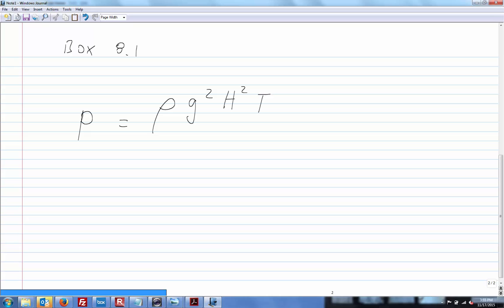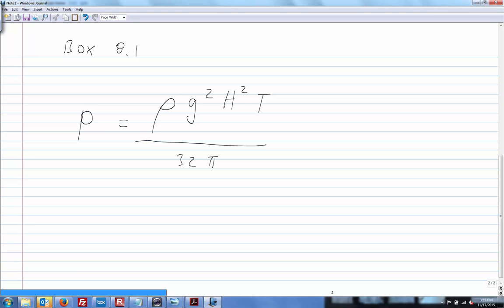And if you look back, you can see that the period is 1 over the frequency, or the frequency is 1 over the period, however you want to think about it. So T has dimensions of time or seconds. And then finally down here, we've got 32 pi. Okay.